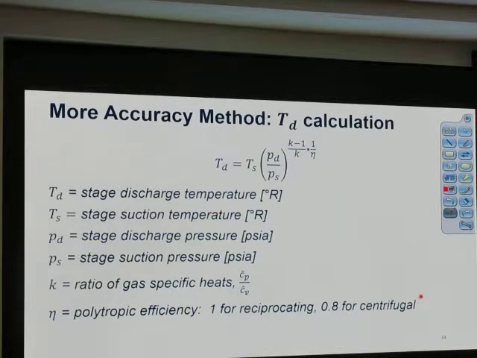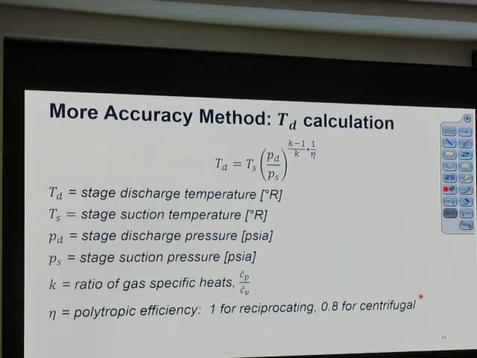For the discharge temperature, the more accurate method is to use this. Okay. This is giving me the temperature. You see this eta, polytropic efficiency: we use 1 for reciprocating unit and 0.8 for centrifugal type. Okay, discharge pressure, discharge temperature. D is discharge, S is suction.